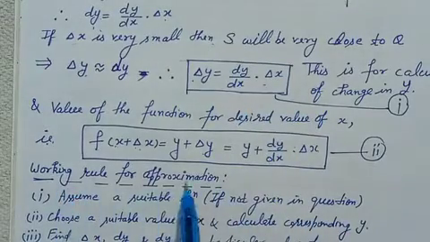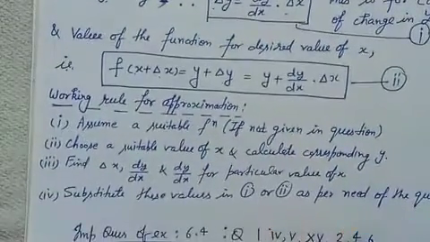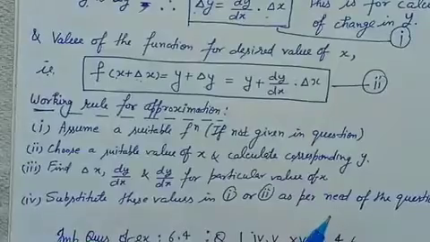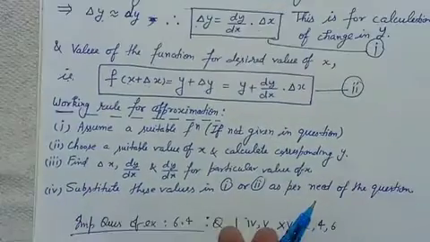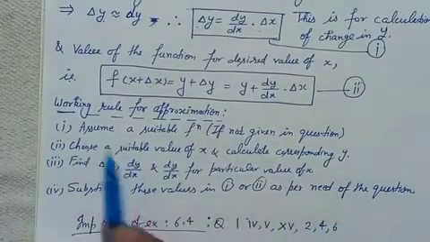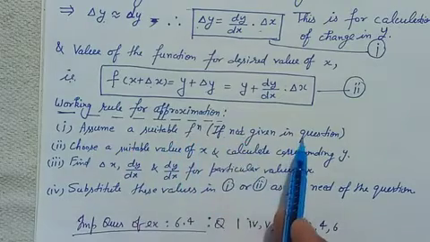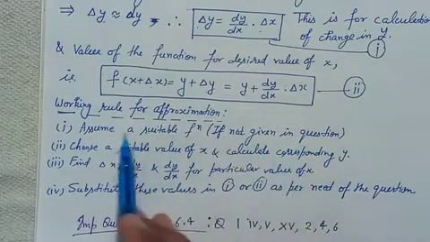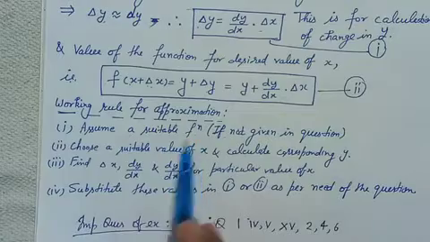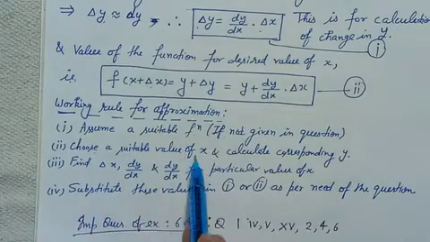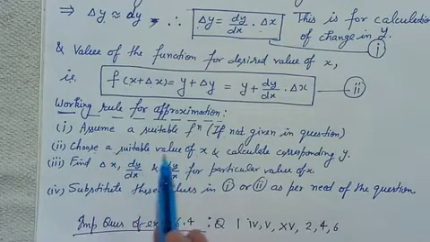Now working rule for approximation. First, assume a suitable function if it is not given in the question. Second, choose a suitable value of x. What are the special properties of x?